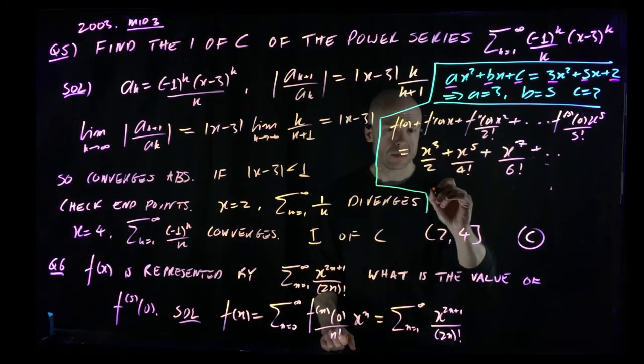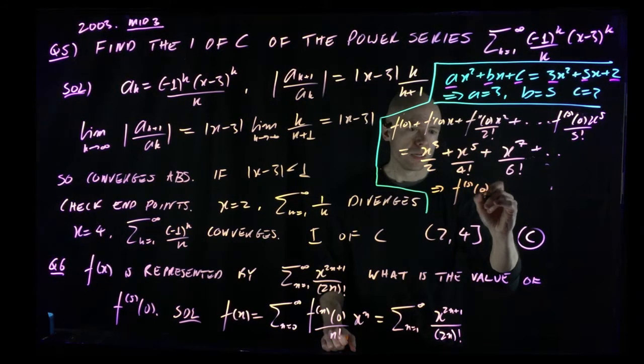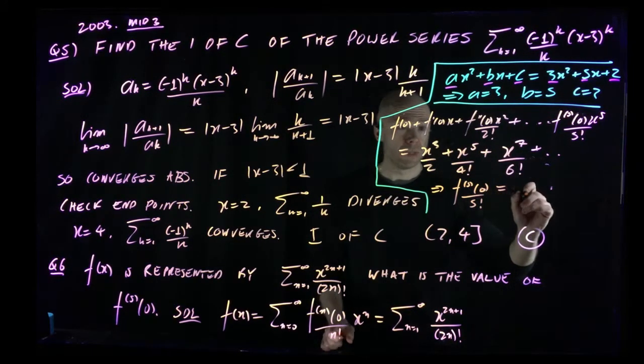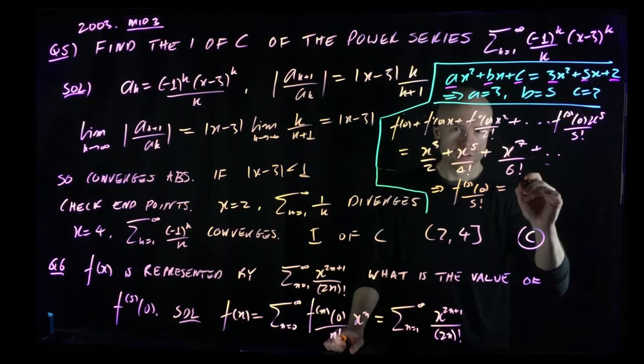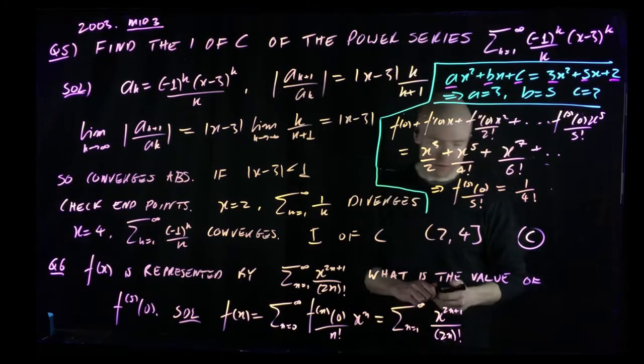That means that the fifth derivative at 0 over 5 factorial has to be the same as 1 over 4 factorial.